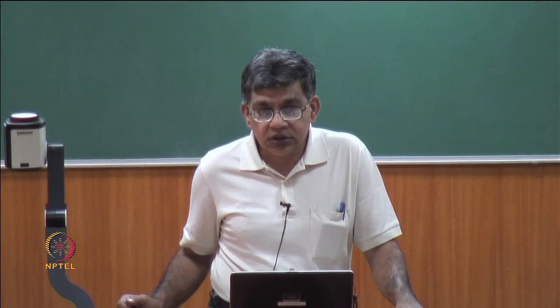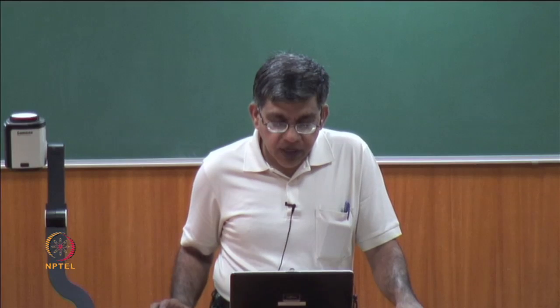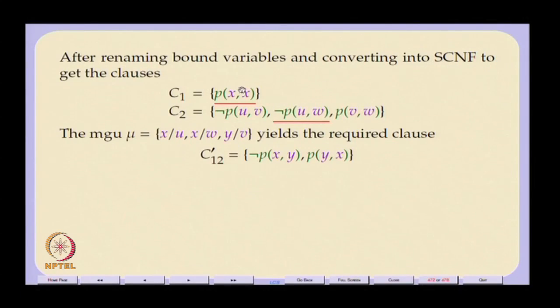The process of unifying these two yields just this. So, this is equivalent to for all x, y, P(x, y) arrow P(y, x). Is that fine?